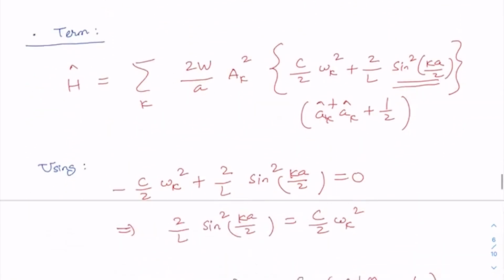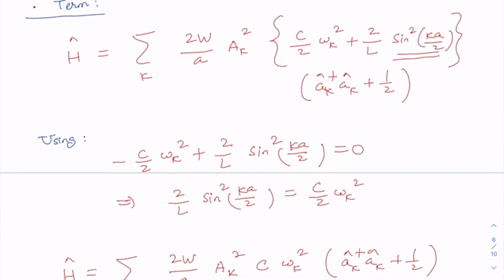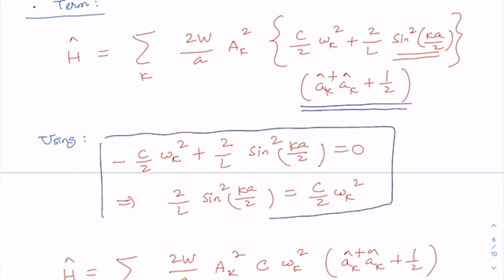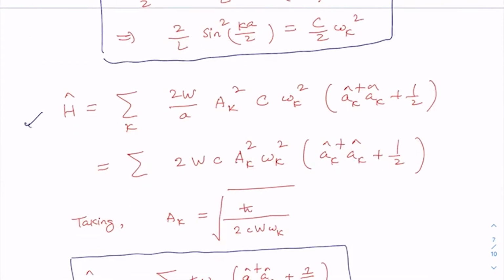Then we had another term in the Hamiltonian. Now this term is the required one. We have the desired form here, and putting in the dispersion relation that we derived, this Hamiltonian can be further simplified and written in this form.